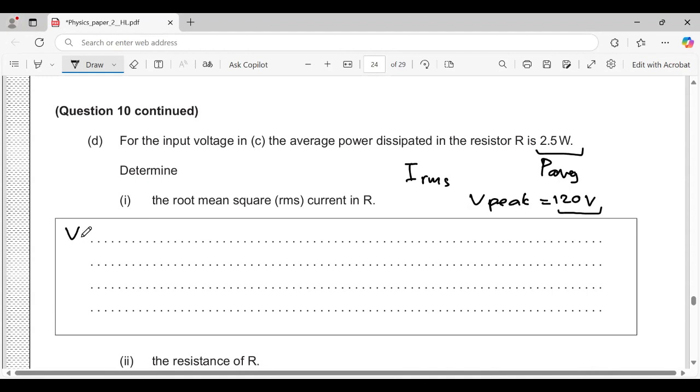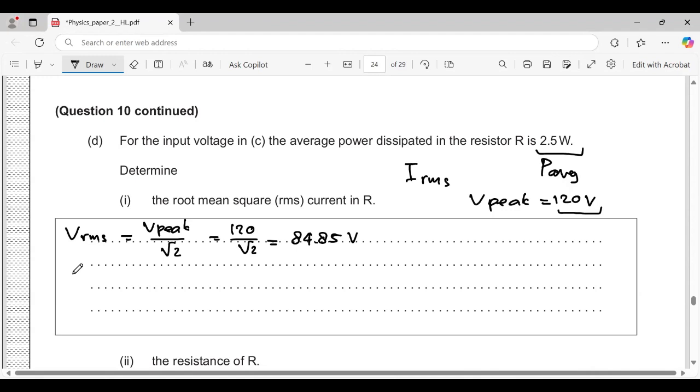Right. So V RMS we need to determine first, equal V peak over square root 2. This is the formula. And got 120 over square root 2, 84.85 volts.